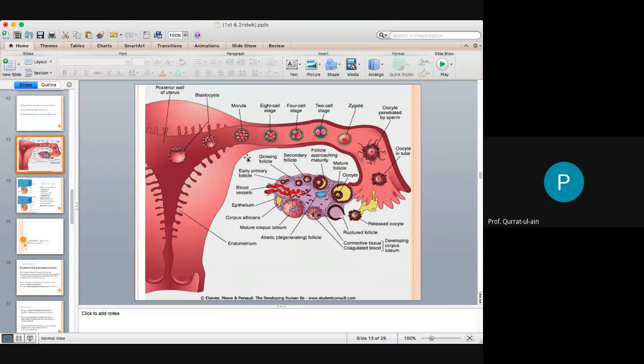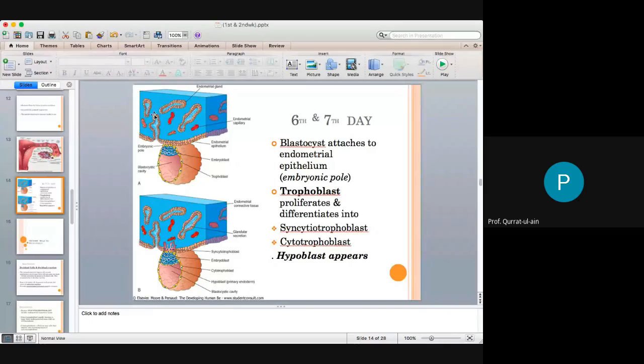And this dipping in is the dipping in of the uterine glands. Now in this case, you can see this dipping in of the uterine gland. This whole is the endometrium and the blastocyst with inner cell mass. This is the inner cell mass, and the outer cell mass is attached to the endometrium. The outer cell mass has the capability to attach, which is the trophoblast.